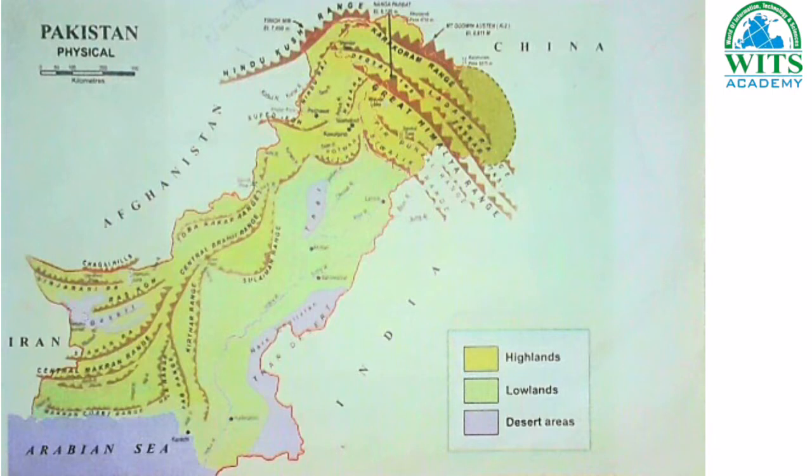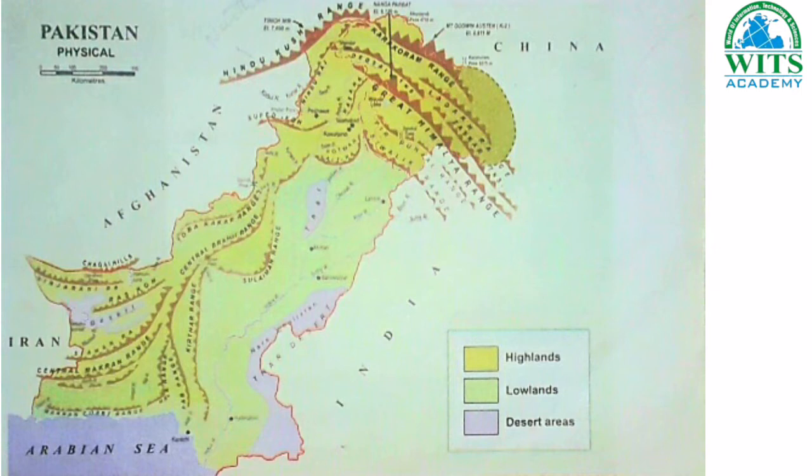Friends, look in your book on page number 1. The map is given, so students, concentrate on it. I am describing this map. As I told you, the triangular hill-like shapes show the mountains. Himalaya is located in the north and Nanga Parbat is covering the Himalayas.